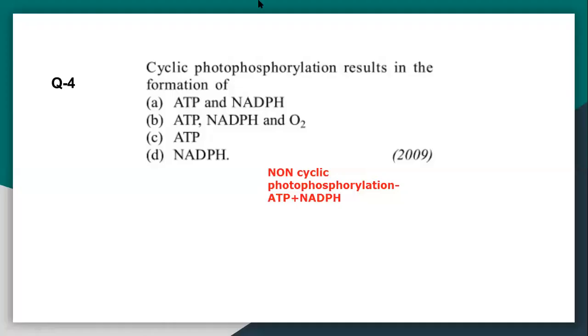Coming to that, in non-cyclic photophosphorylation ATP and NADPH are produced. In the case of cyclic, I have told you that during cyclic photophosphorylation only ATP is produced. So the answer will be only ATP produced. So option C is the correct answer. So next question.